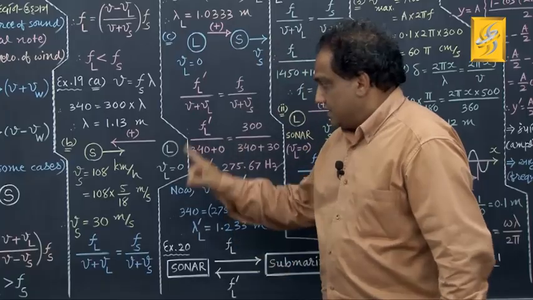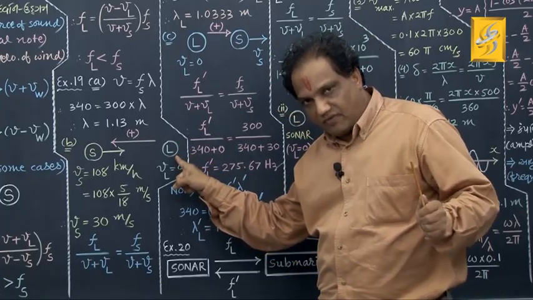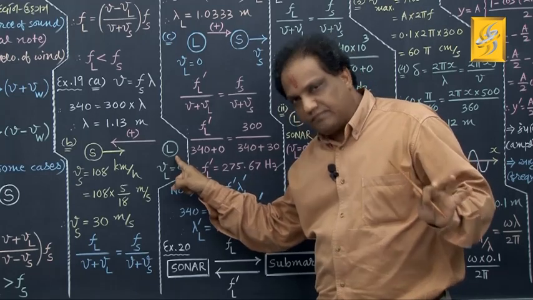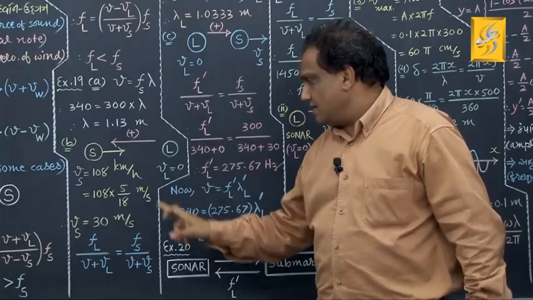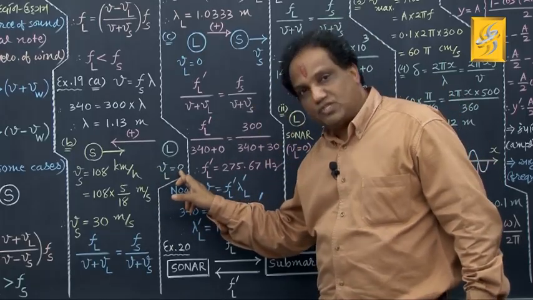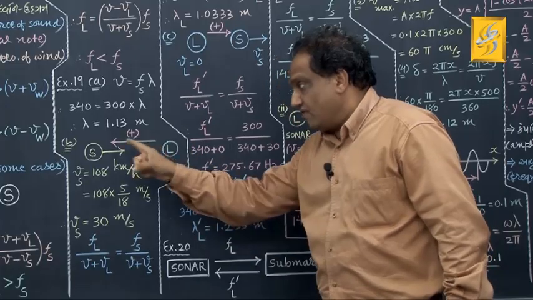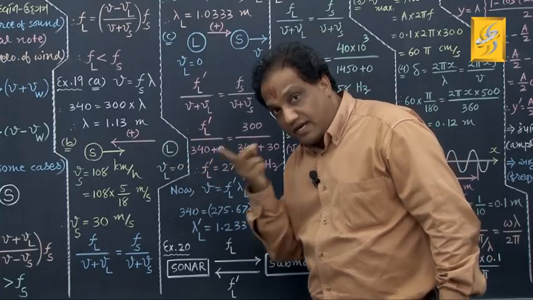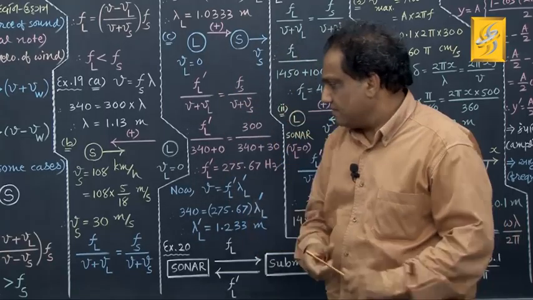Then you may consider some listener here. They have not given one, but we may consider some listener, and because we consider that listener to be at rest, the velocity of listener should be taken 0. If really some listener is there, what frequency of sound will he experience, and depending upon that we can find the corresponding wavelength.